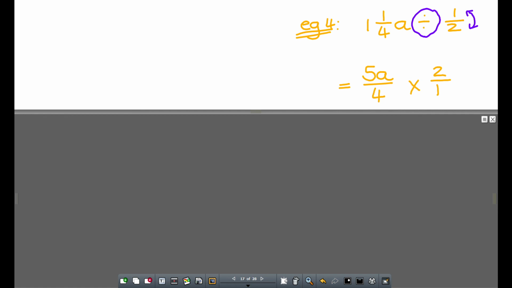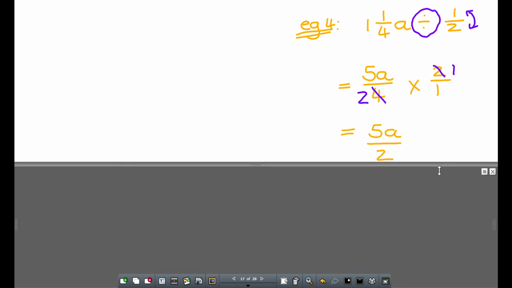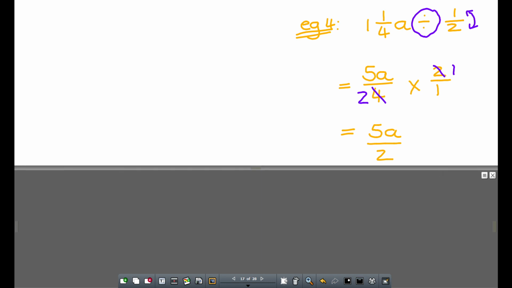Please remember, when it's still division, I am not allowed to cancel out. You can't cancel out when it's division. That's why our first step is to change it to multiplication, and now I can cancel out. So if I cancel out, 2 will go into itself once, and 2 will go into the other twice. So I'm going to have 5a over 2, and then it's actually times 1 over 1.